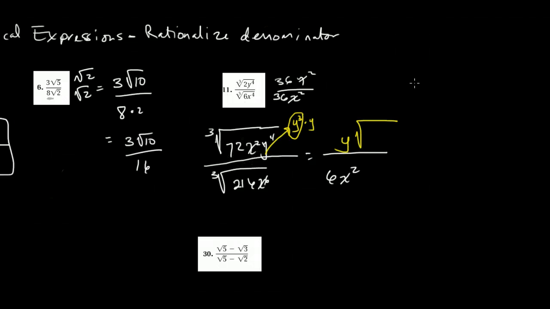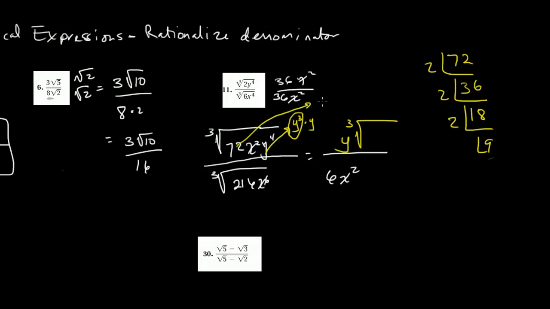But let's take a look at 72. Let's prime factor that. Prime factoring is so much fun, and it's our friend because it tells us so much about our numbers. Now I can continue prime factoring, but I know that 9 is going to stay right where it is inside that cube root symbol. 72 is 2 to the 3rd power times 9.